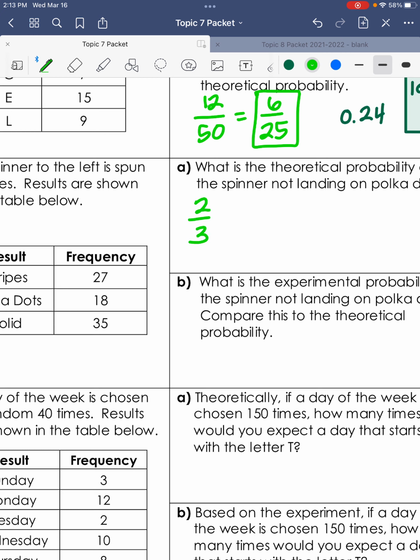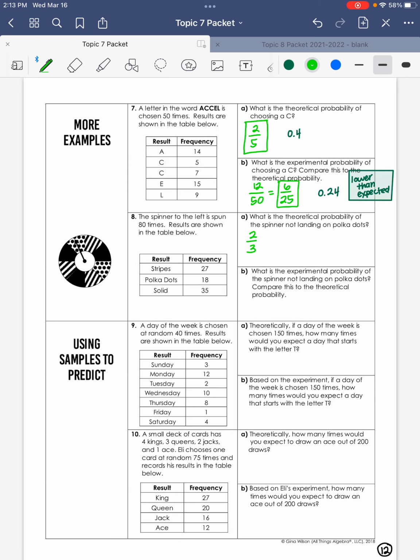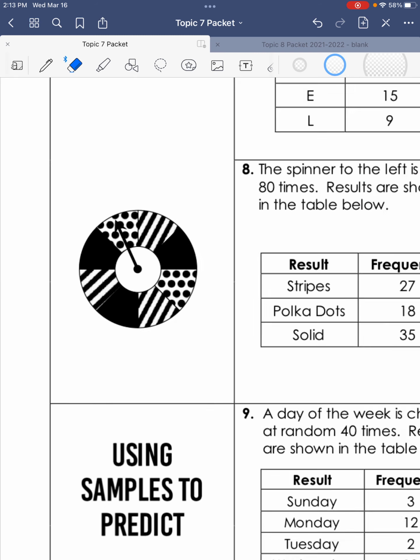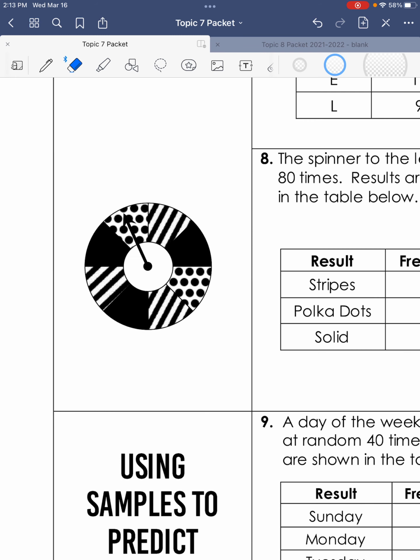That fraction is in simplest form, so I can't reduce it any further. Oh, but actually, I wasn't looking at the right thing. I needed to look at the spinner, didn't I? Because the spinner over here has more than just 3 sections. So let's look at anything but polka dots.